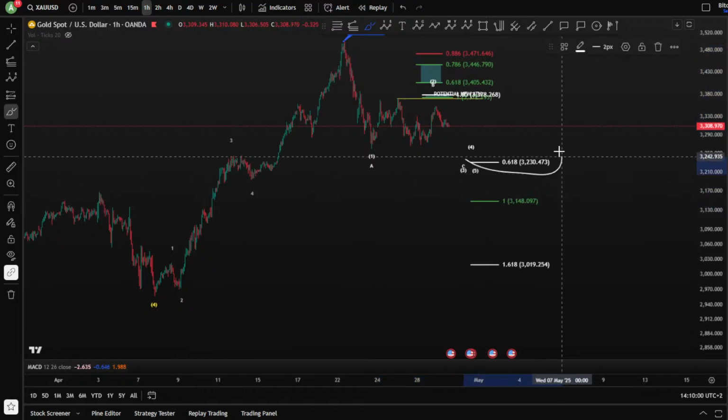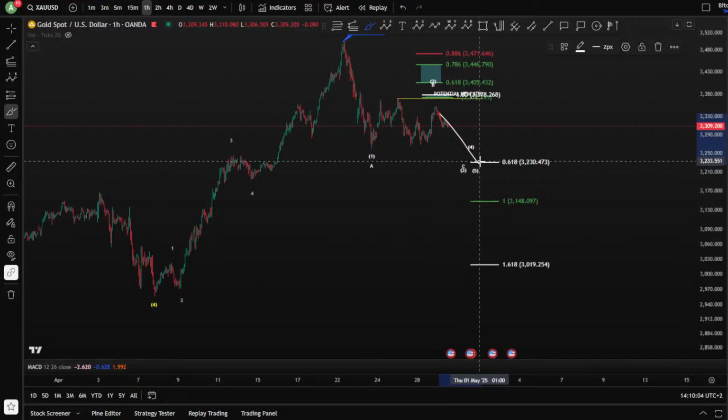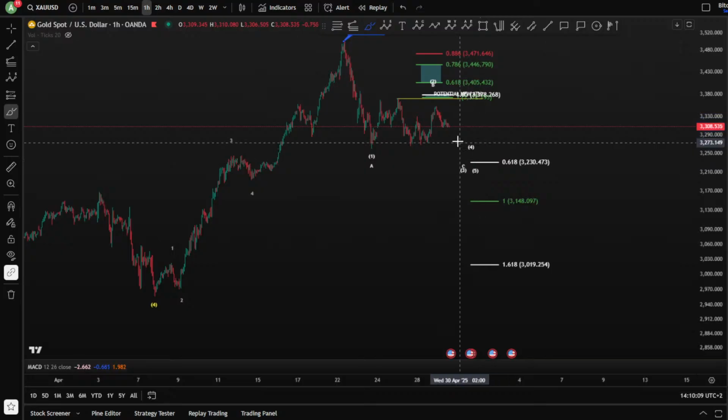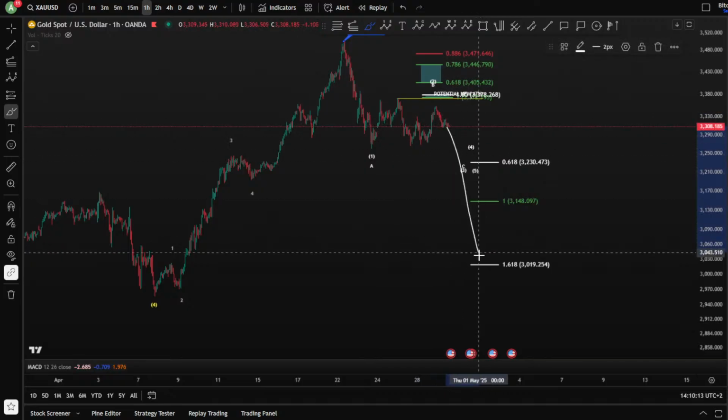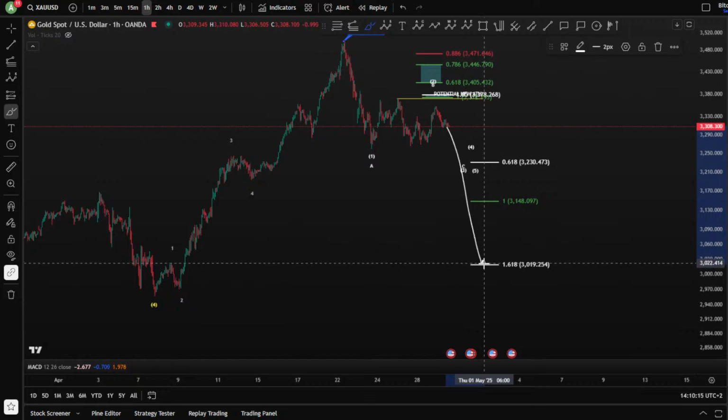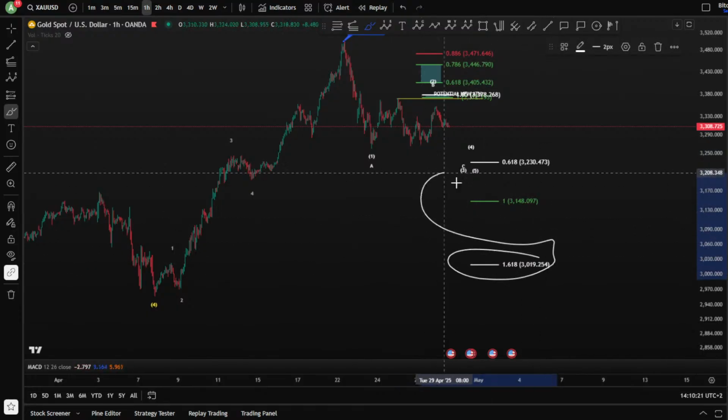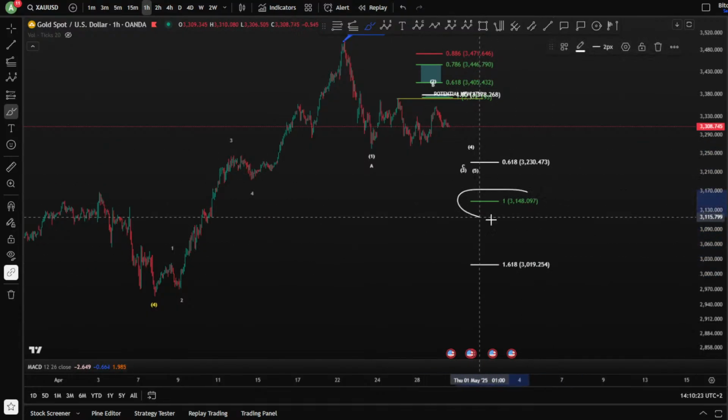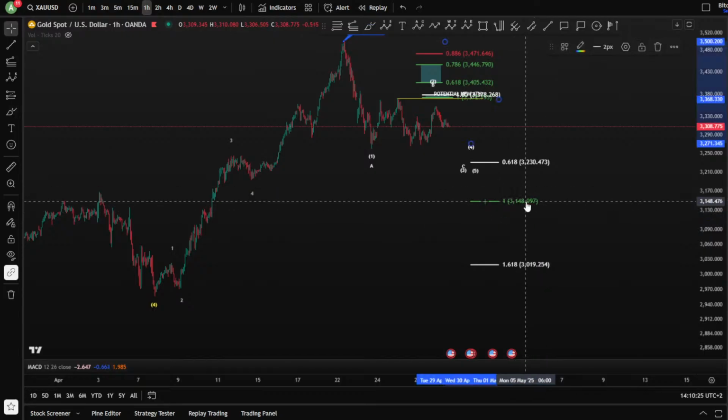However, sometimes it is an uncommon target where you get a short wave C for a zigzag, which is a 0.618 again. Sometimes you get a very positive or very intense market, and you get a very extended wave C at 1.618. However, those two are uncommon. The most common is the 1-to-1 fib level.